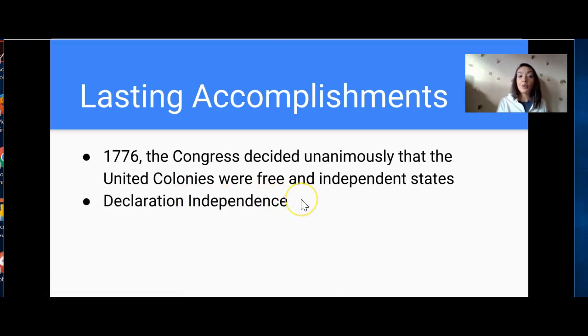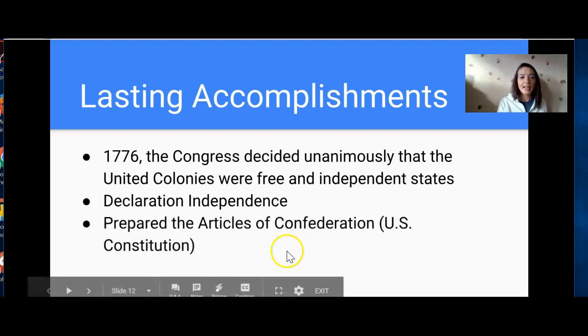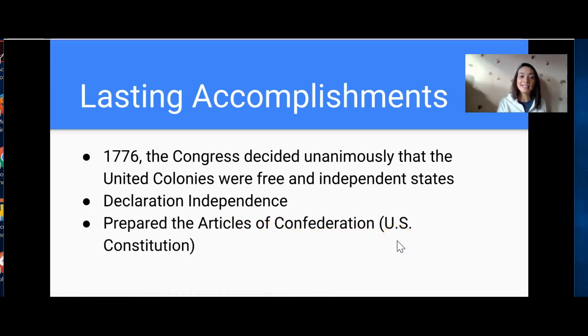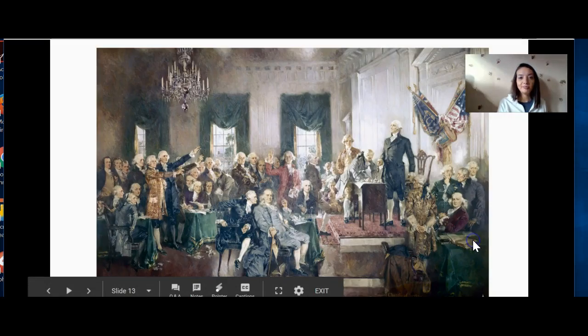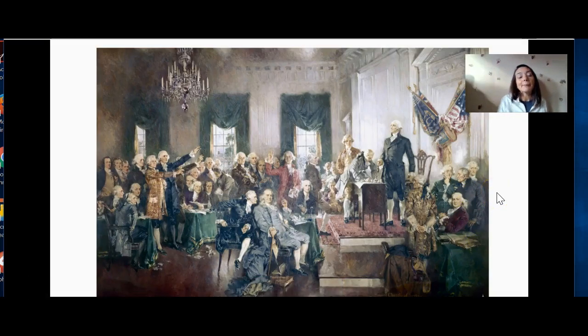Okay, they wrote the Declaration of Independence, which is one of our next lessons. And they prepared the Articles of Confederation, and this is better known as our United States Constitution. Okay, so ending with not a photograph, a painting, an image of the Second Continental Congress.